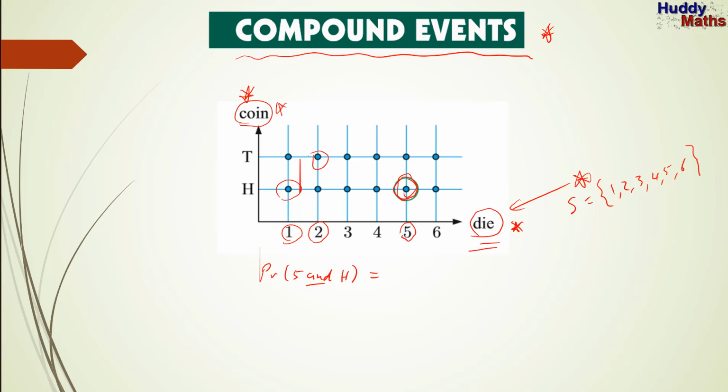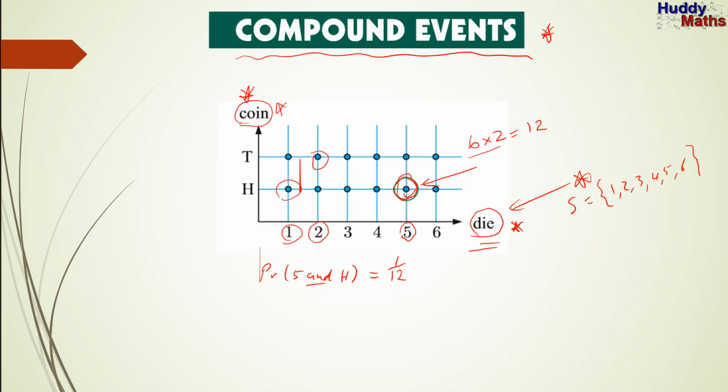But we don't need to do multiple addition. We can do multiplication. For every one of the 6 results on the die, you have 2 results on the coin. So 6 times 2 is 12. We'll have 12 possible outcomes there. No need to add them up. Don't do multiple addition. Do multiplication. So this is one chance out of 12 of getting that particular outcome in this compound experiment.